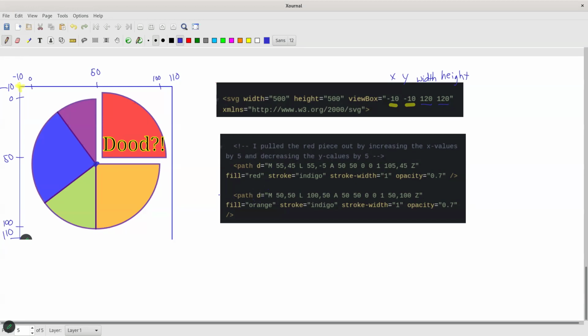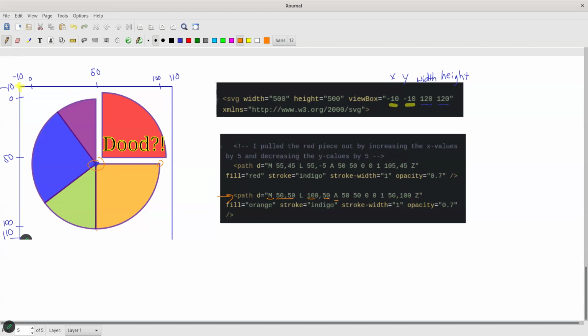So if we check out the orange path here, we can see I move to the point 50, 50, which is right there. And then I drew a line to the point 150. So 150 would be right there. So notice the line. And then I arc with a radius of 50 and to the point 50, 100.